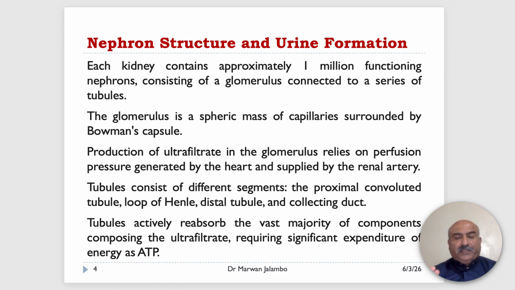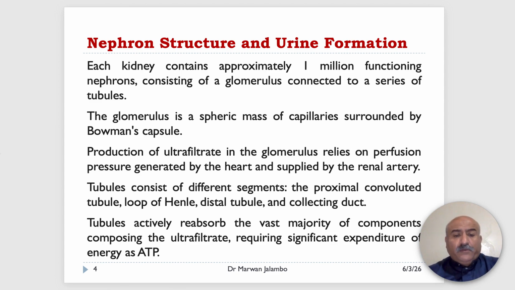Nephron structure, the unit of the kidney. Nephron structure and urine formation. Each kidney houses about 1 million functioning units called nephrons, which consist of a glomerulus connected to a series of tubules.